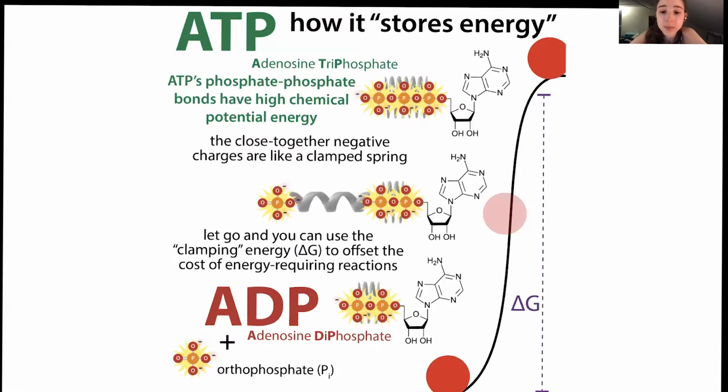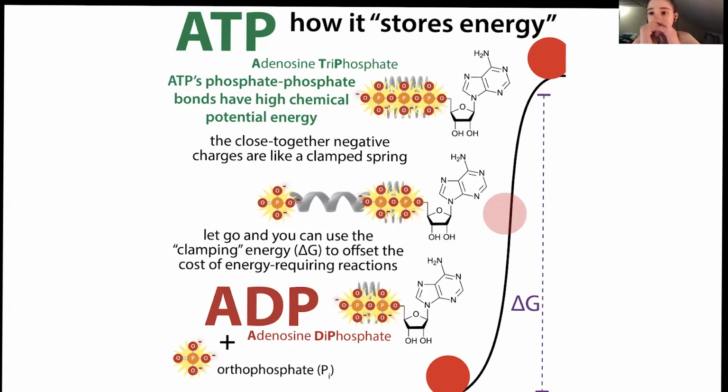We've talked before about how ATP acts as a universal energy storage molecule. The reason why it can do this is because it has these phosphate groups, and these phosphate groups are negatively charged, and like charges repel each other. And so you have these negative charges scrunched together. It's kind of like a clamped spring. Just like if you release a clamped spring, it'll shoot out.